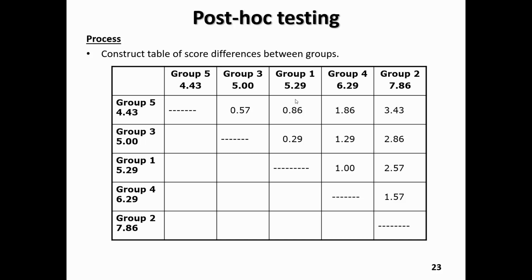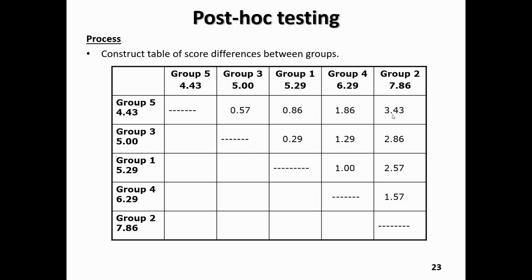And so what we see here is that we're conducting a pair-by-pair comparison by looking at the difference in the group averages. And once we've completed our table, you'll notice that these cells here are blank at the bottom because these would be a mirror image of what we have along the top of our diagonal. So we don't have to redo this on the bottom. We can just do one side.